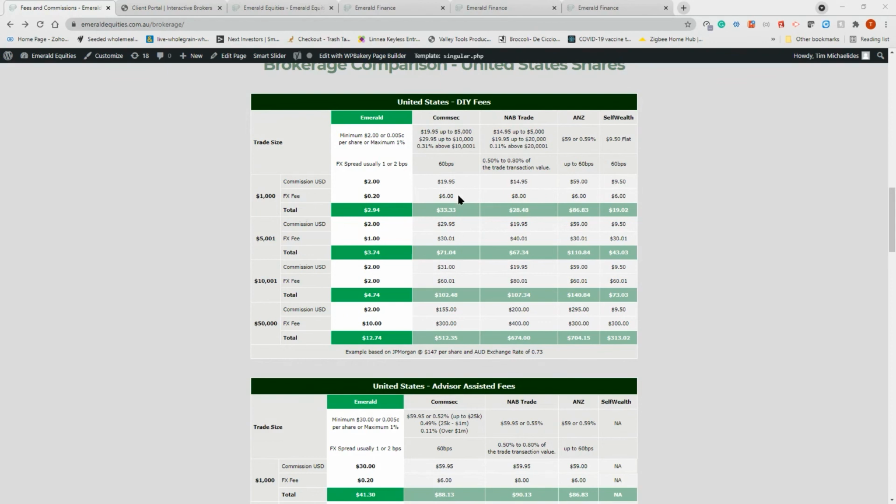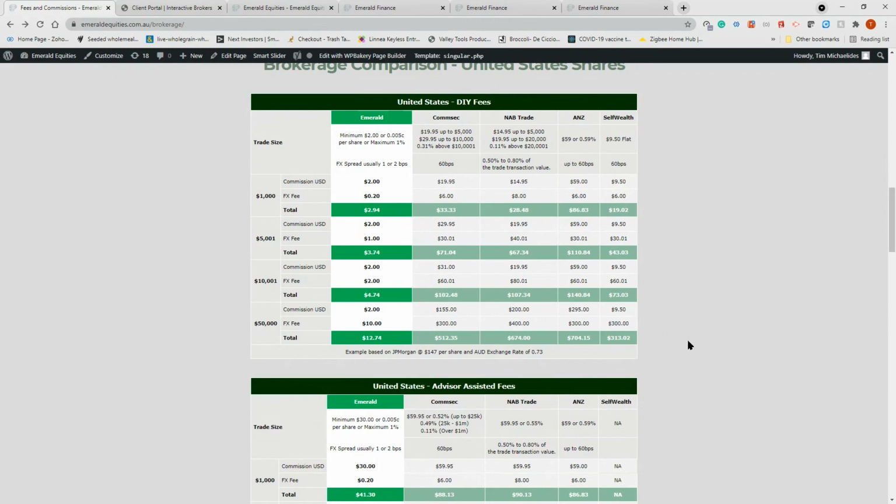This is where they get you. With Selfwealth and some of the other providers, you can keep the currency in USD so you don't have to pay again, but they will charge you 60 bips on the way over. Depending on your size, if you've got a $50,000 bank, 60 bips is $300. So think about that for a second.